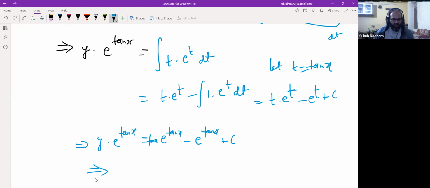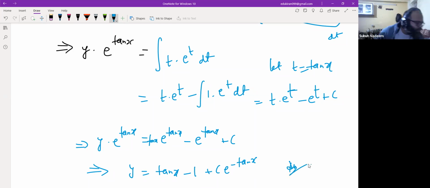Now we generally do one thing: so many e to the power tan x are there, so we multiply with e to the power minus tan x and make it y is equal to tan x minus 1 plus c e to the power minus tan x. So this will be the final answer. Can you check this answer from the back of the book? This is question number 5 of exercise 9.5.